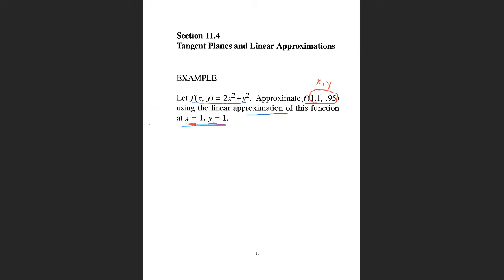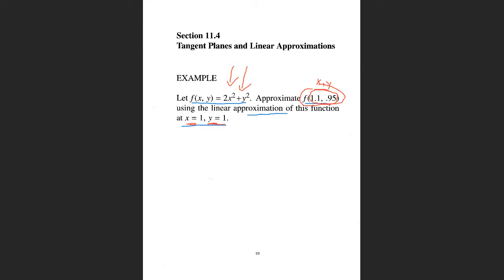So, we're trying to approximate this function, right? And this function, if we were to substitute in 1.1 for x and 0.95 for y, it would involve a little bit of work. We'd have to square and pretend. You got to kind of pretend that you're working it out by hand.